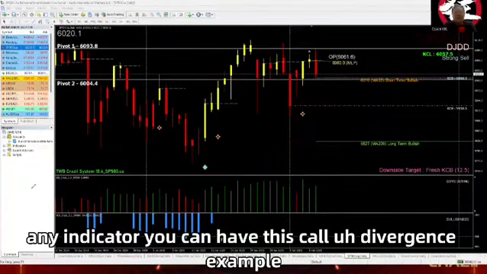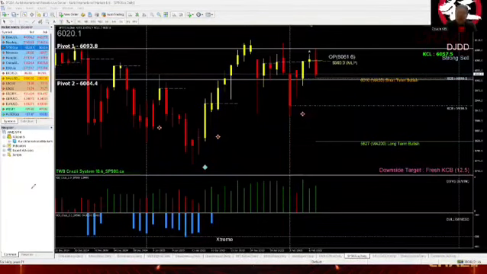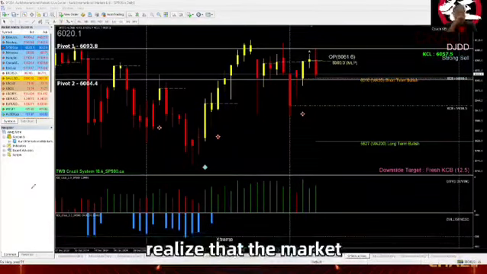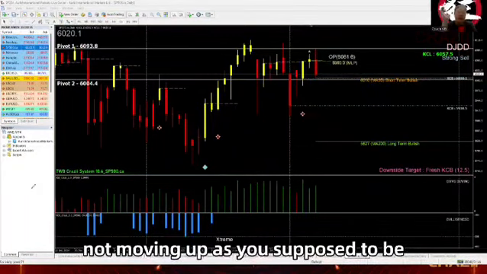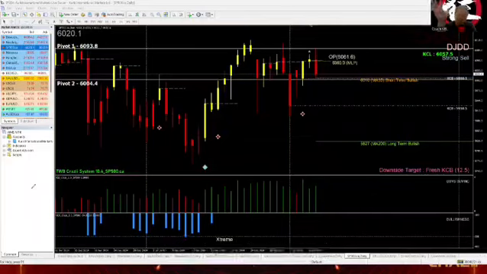You can have this thing called divergence. I can give you an example. Let's say on Friday there's a result coming out, and then Monday, Tuesday, Wednesday, you realize that the market is not moving up as it's supposed to, and you can see the indicators are not getting the sort of strength signal that they're supposed to. That is called a divergence.